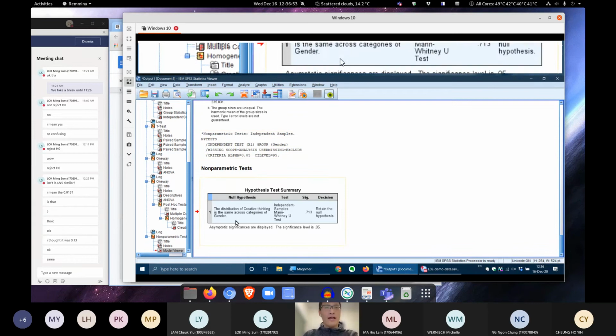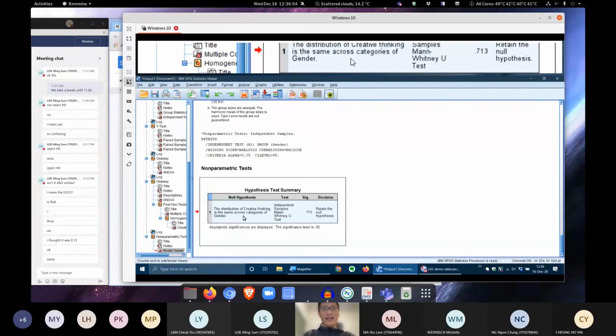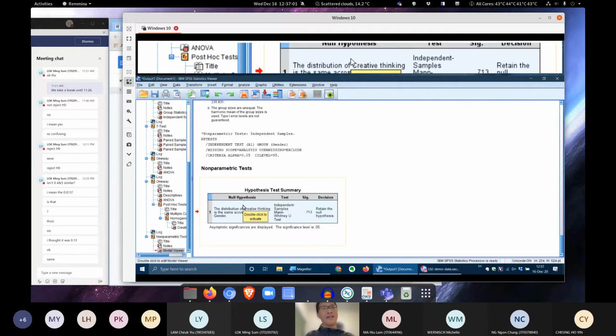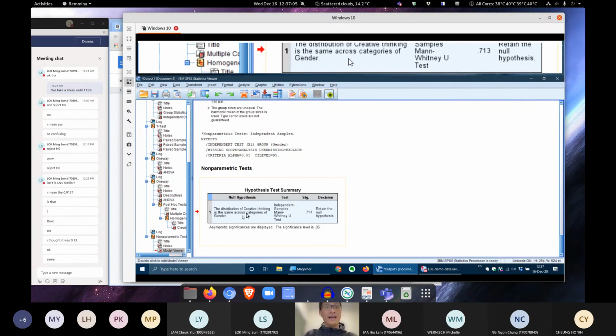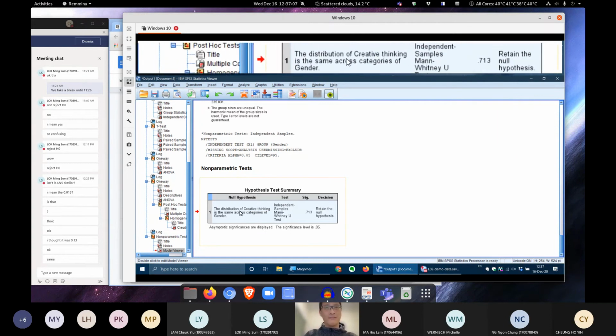Now, for the result here, first of all, it is a color table, so it is more beautiful. It gives you the null hypothesis. The null hypothesis here is that the distribution of creative thinking is the same across categories of gender. So basically, it is comparing creative thinking across gender.